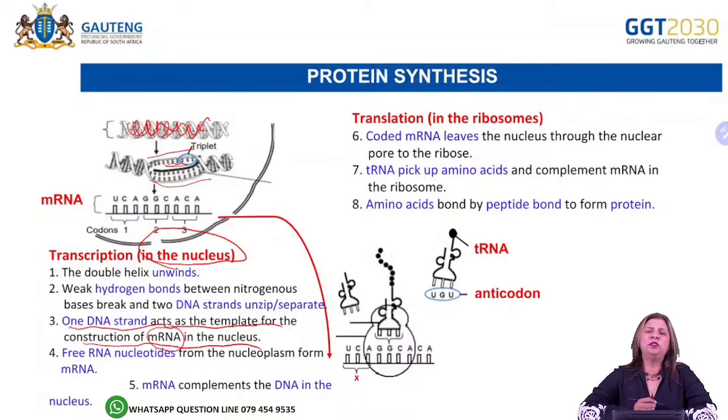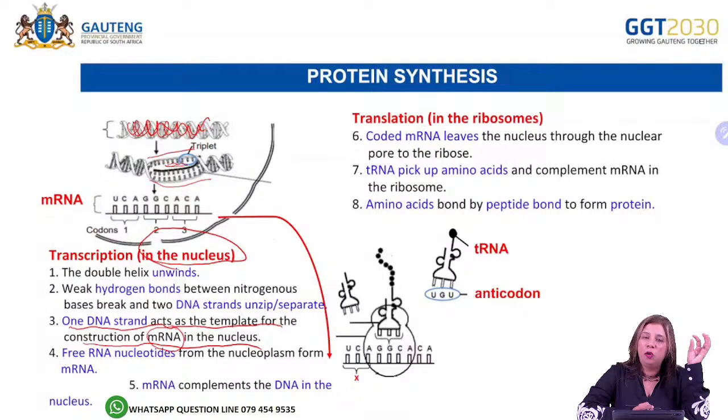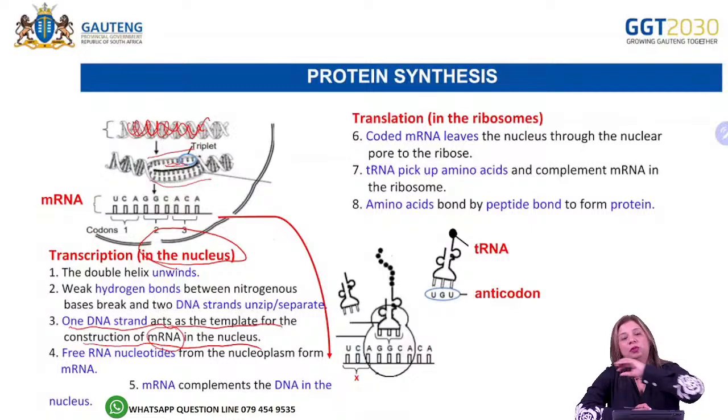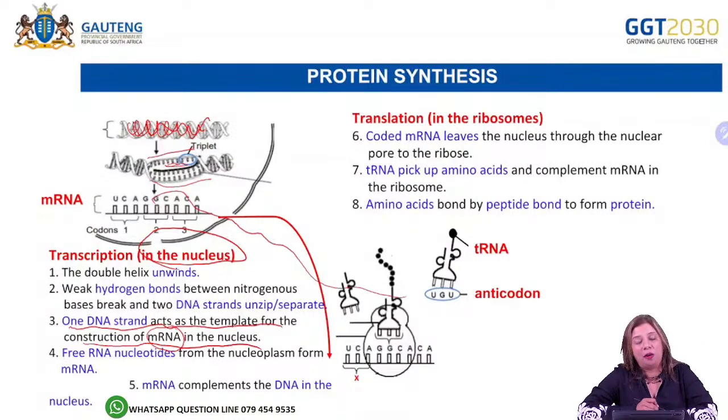So basically what happens in protein synthesis, the DNA has a formula, it has a code, and this code needs to be taken out to the ribosome, into the cytoplasm, but the DNA doesn't leave the nucleus. So it uses messenger RNA to go through the pore and get the message out, so that that code can be transferred and reproduced to produce more amino acids.